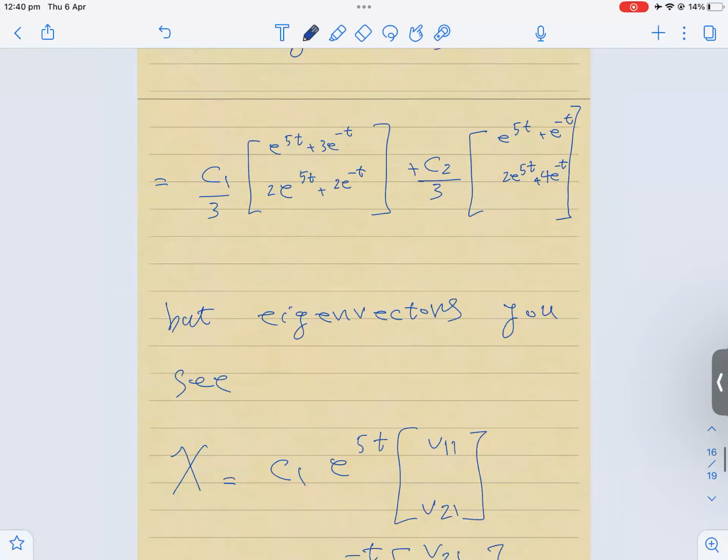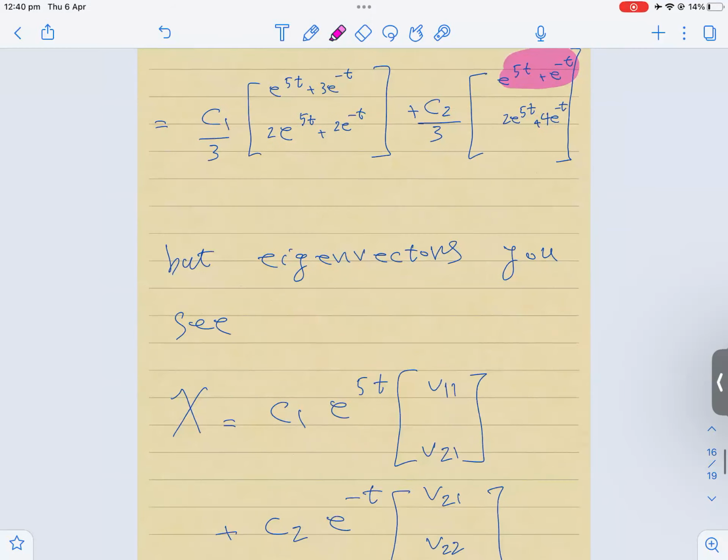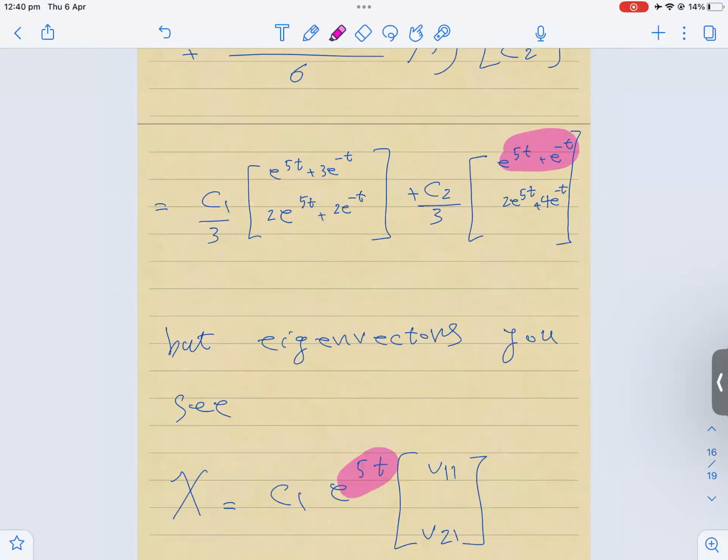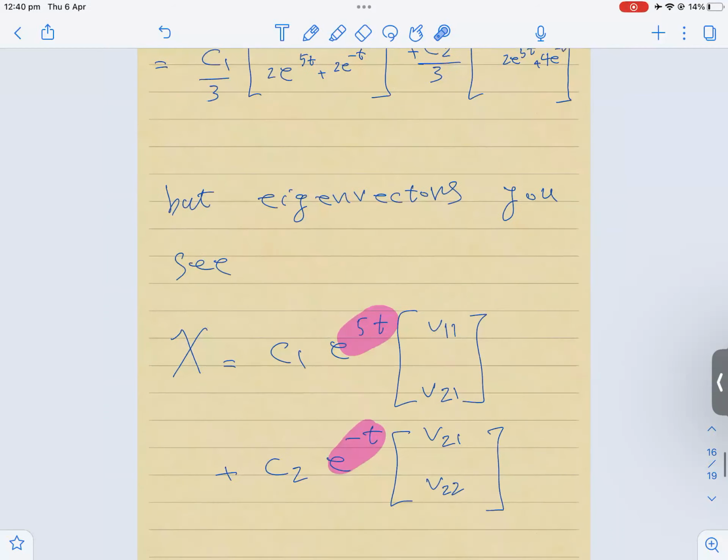Now, this guy here is e to the minus t. In fact, this is the linear combination of e to the 5t and e to the minus t. But for distinct eigenvalues, don't use this alpha 0, alpha 1 method. Don't use the Cayley-Hamilton method. Use the normal thing. Okay? But we just did this one because we want to practice.